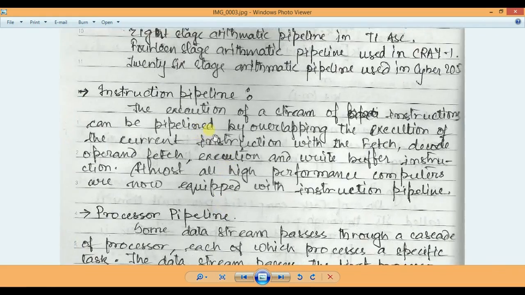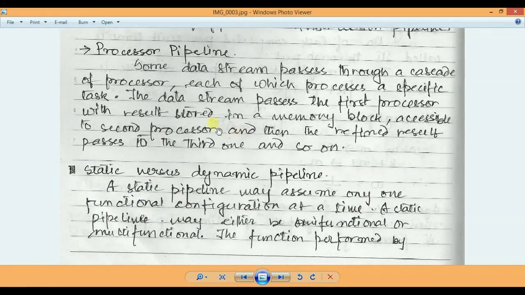Then processor pipeline: a data stream passes through a set of processors, each doing a specific task. The data stream passes the first processor with results stored in a memory block accessible to the second processor, and then the refined result passes to the third.